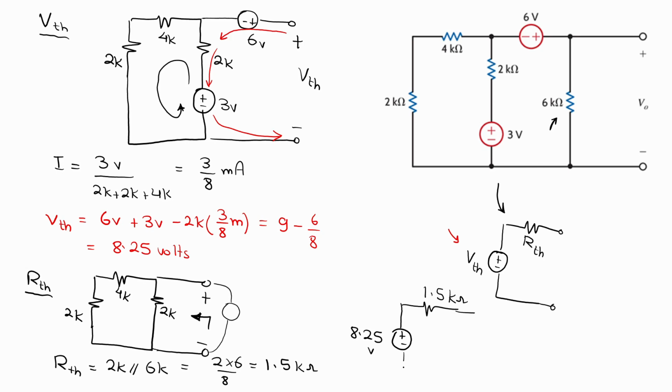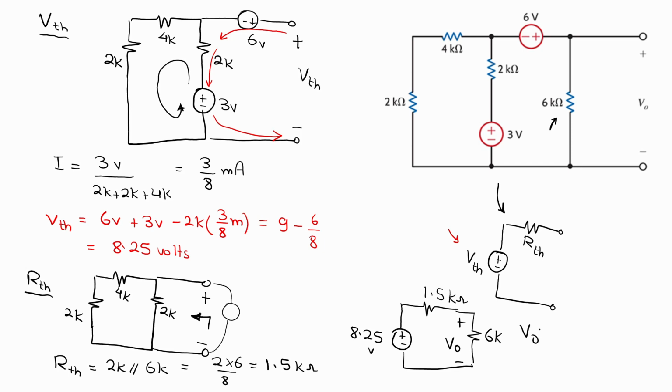After this, we connect back the load resistance, which is the 6K resistor. And now we need to find the output voltage V naught across the 6K. So this circuit is very simple to analyze. V naught will be simply a voltage divider from the 8.25 source.